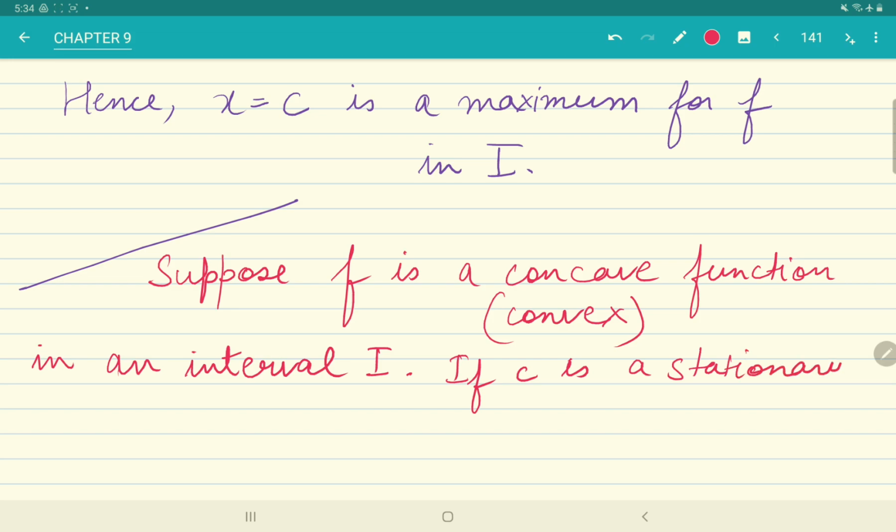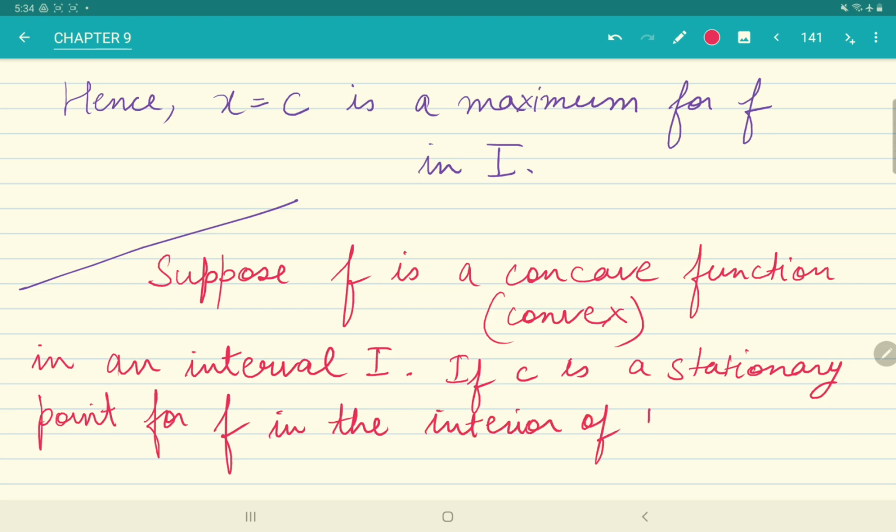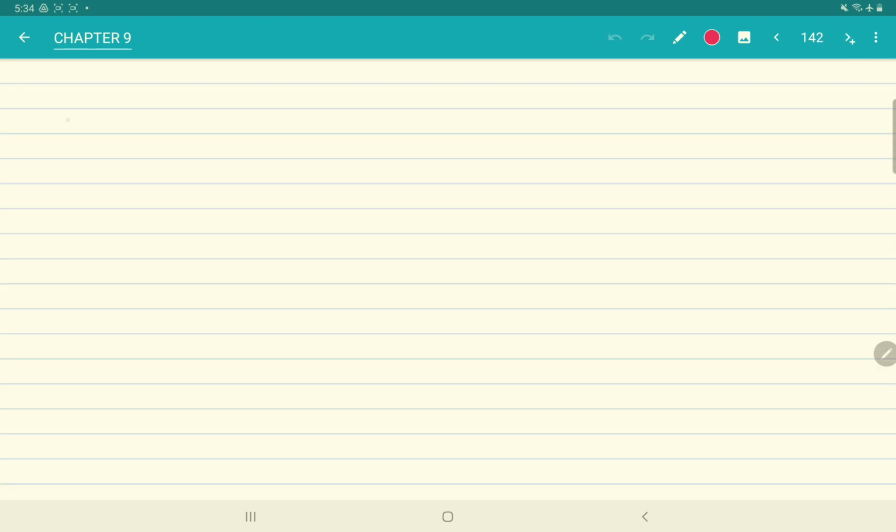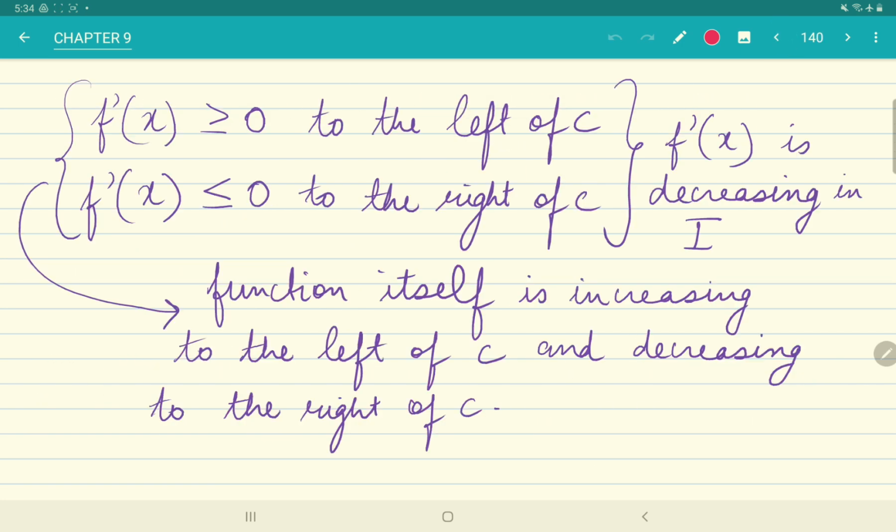If C is a stationary point for f in the interior of I, then C is a maximum point, because that's exactly what we have established.